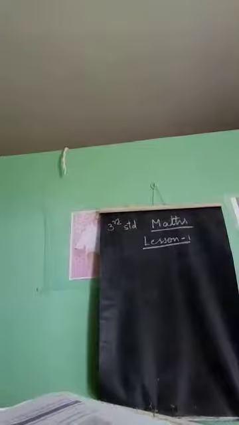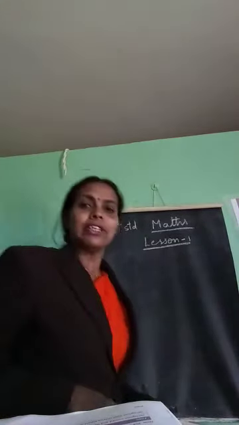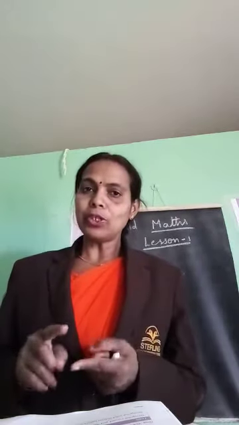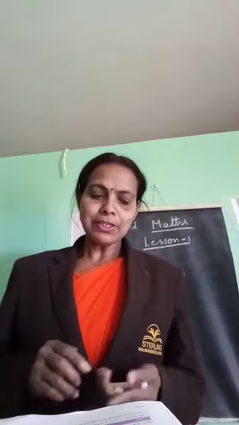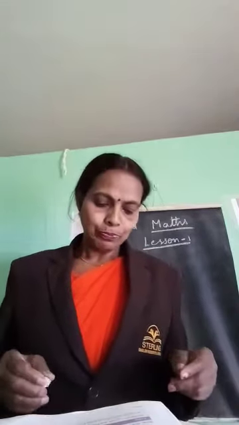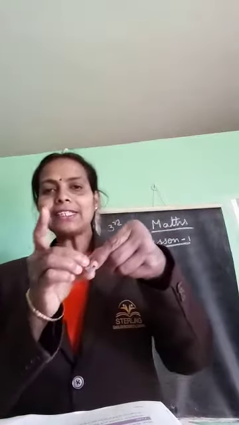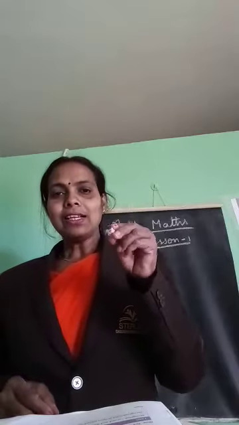I have already taught you children about solid shapes, and I have told you what faces are. Faces means, see, this is a cube. This is a dice actually. The shape is cube.